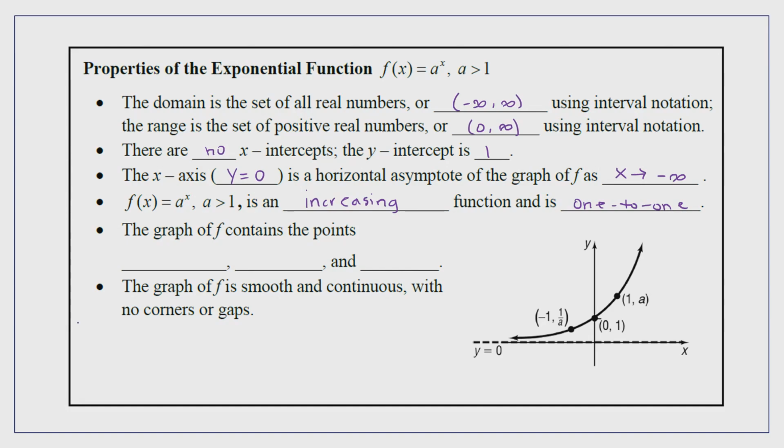The graph of f contains the points (-1, 1/a), (0, 1), and (1, a). The graph of f is smooth, continuous, with no corners or gaps. This is when you have an exponential function where a is greater than 1. In our last example, our a was 3.